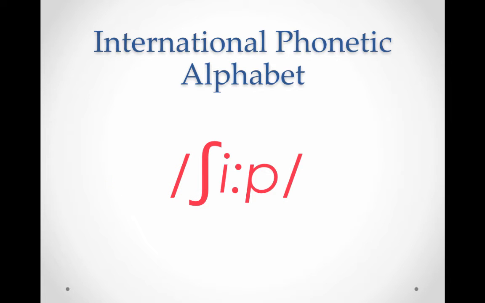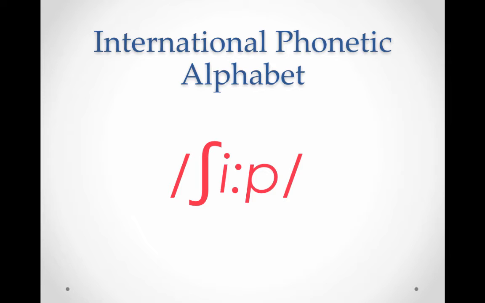Then we continue with the E sound. The colon in the middle represents a long sound. That means that the E sound is not only E, but it's a long E. Finally, there's a P sound. Together, it forms the pronunciation of the word sheep.